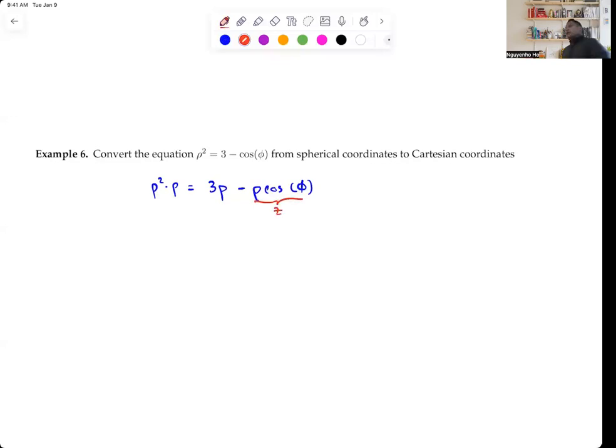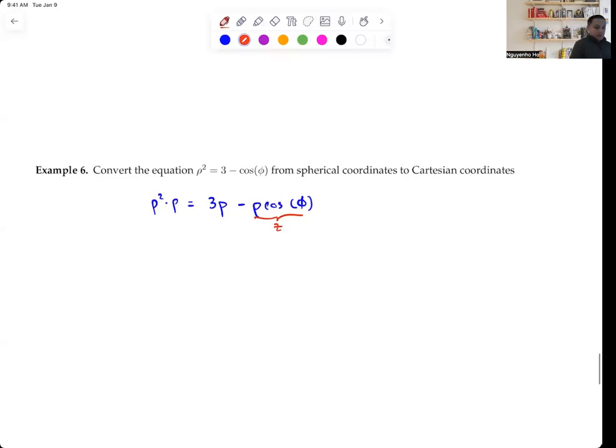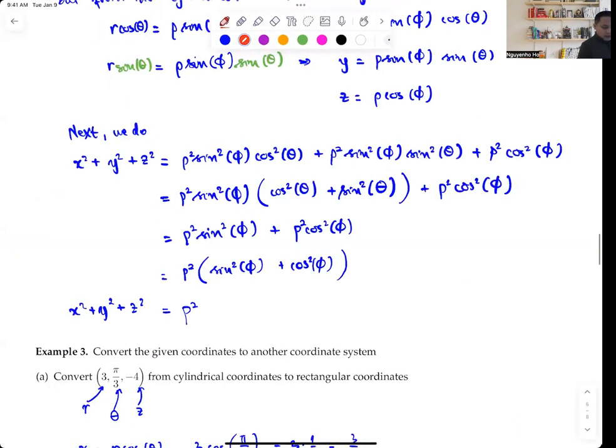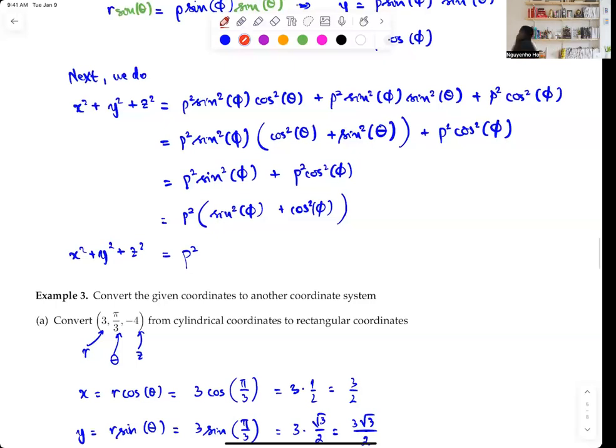Now for rho, we derived the formula right here. Let me scroll up a little bit. You have this formula that rho squared equals x squared plus y squared plus z squared, right? So to get rho by itself, take the square root of both sides. So rho is equal to the square root of x squared plus y squared plus z squared.